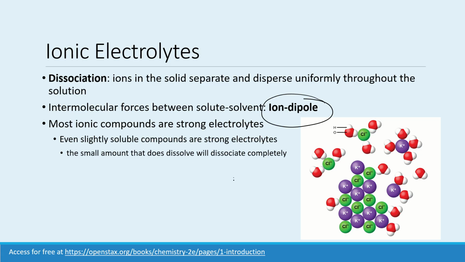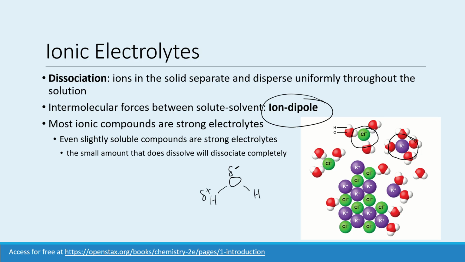And so if we have a water molecule here, just remember that oxygen is partially negative and those hydrogen atoms are partially positive. And so we can see that the hydrogen atoms pictured are attracted to the negatively charged anion, which is that chloride ion. And then the oxygens, which are partially negative, are going to be attracted to your cations.